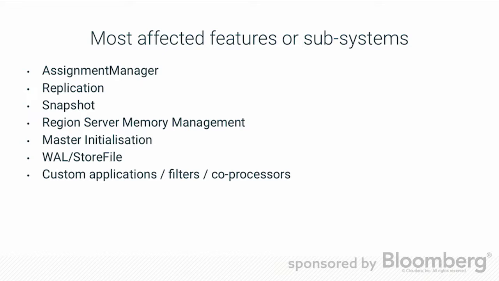Region server memory management, which is basically leveraging a critical component from the JVM, is the one most involved with performance-related issues, but could also be behind process crashes.